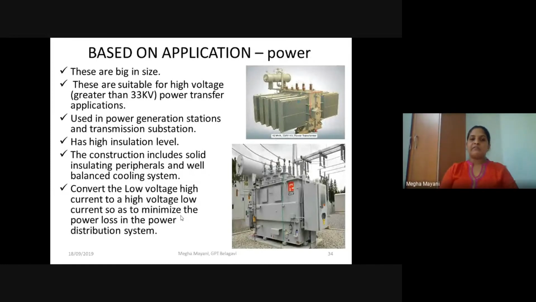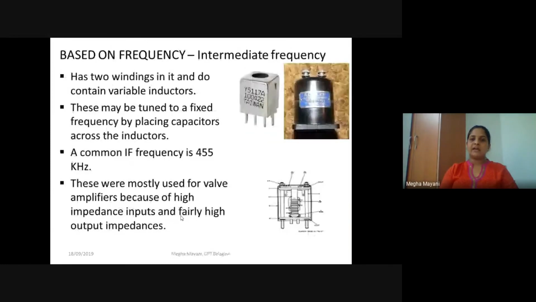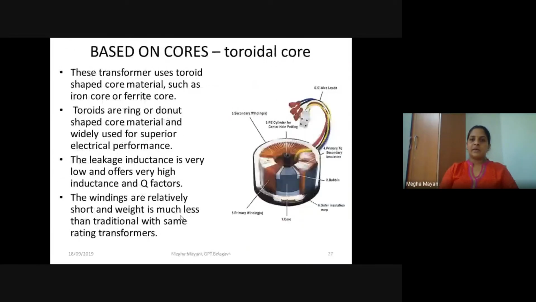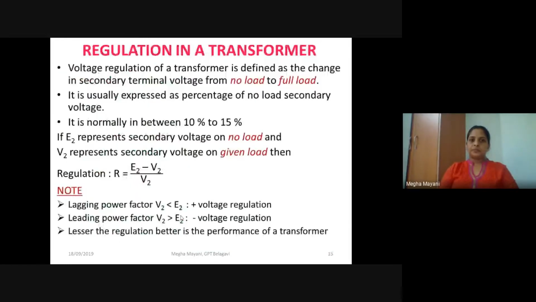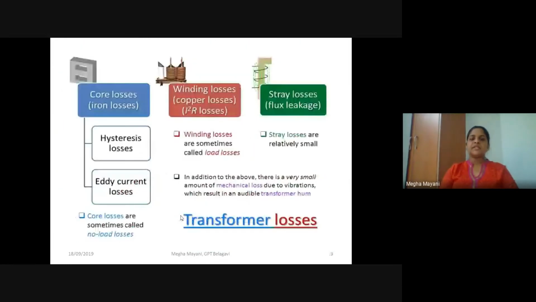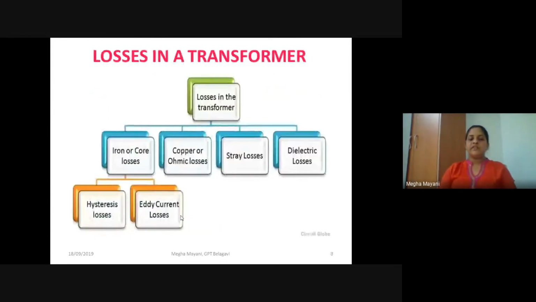So before I wind up for today, let us have a quick summary of what and all was covered today. We have discussed transformer losses, the fixed type of loss which are core loss, and the variable type of loss which are called copper loss.